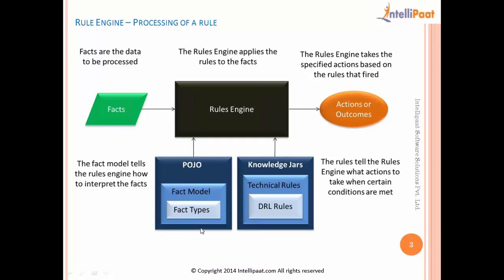So we would be creating Java models, fact models, and then we would be deploying them as part of the rules engine. So when data comes in, the rule engine will be able to interpret the data that is coming in by using one of the fact models that we created and kept already. And this knowledge JAR holds the actual technical rules, the DRL files and the decision tables that we create.